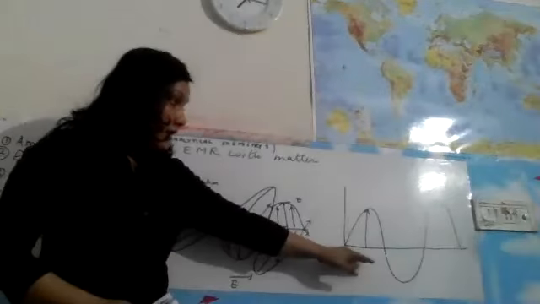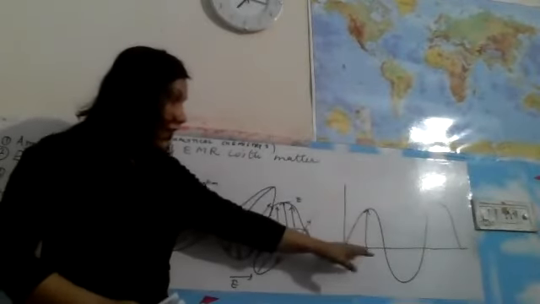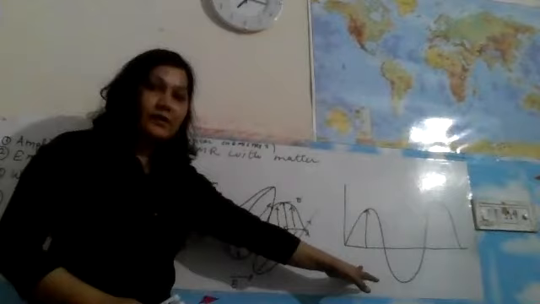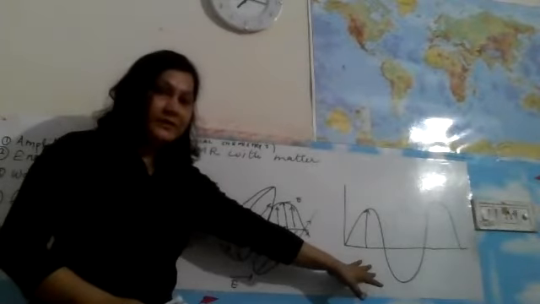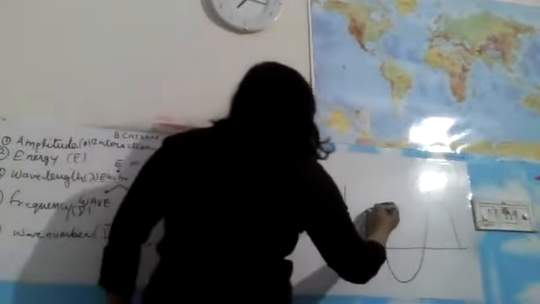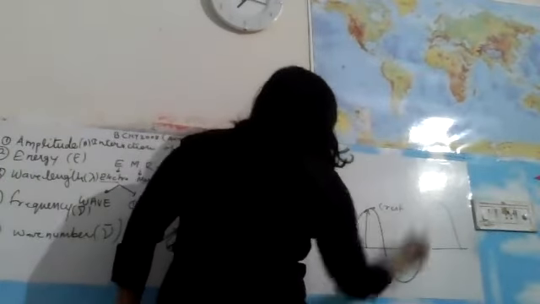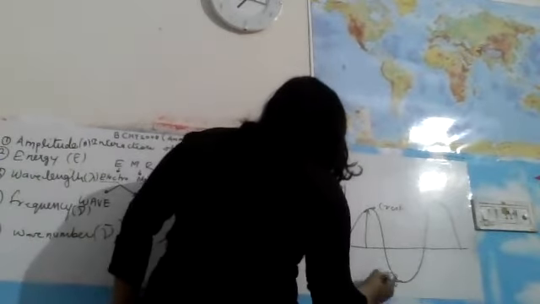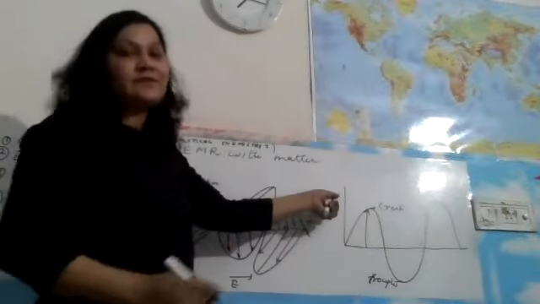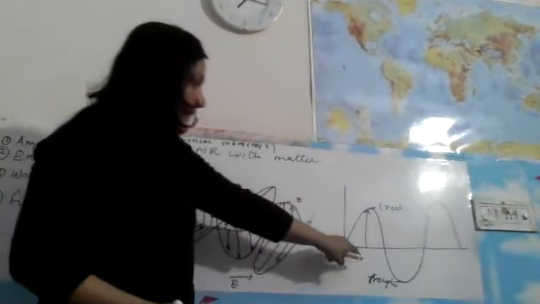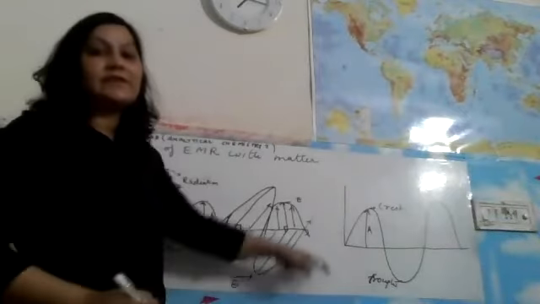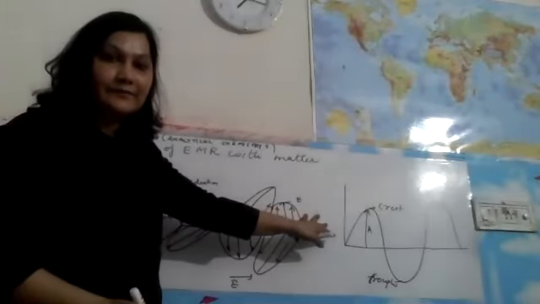That may be upward above the baseline, or downward below the baseline, right? This upper point is known as the crest. This is known as the trough. Just keep this in mind, because we are going to use these words again and again. Amplitude is the maximum height to which a wave oscillates.